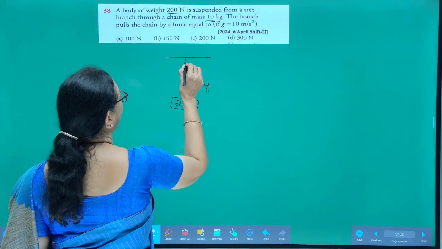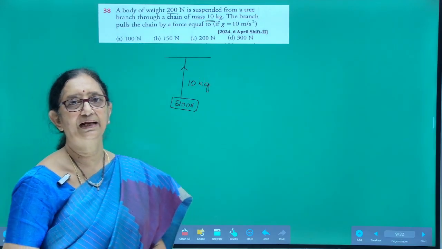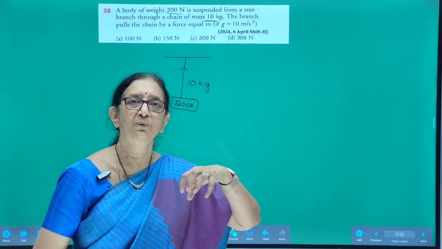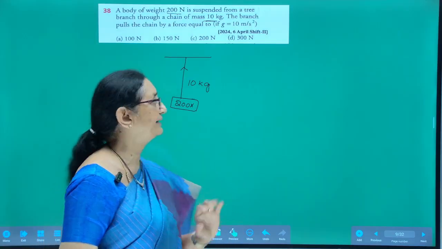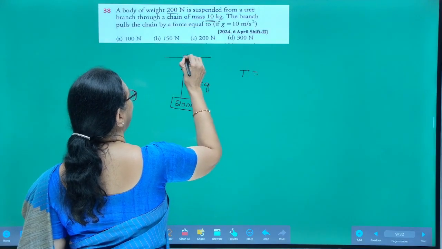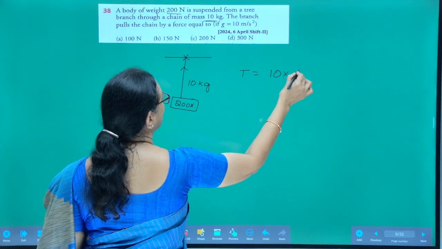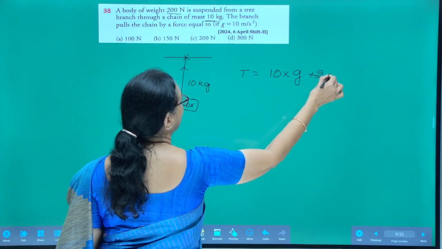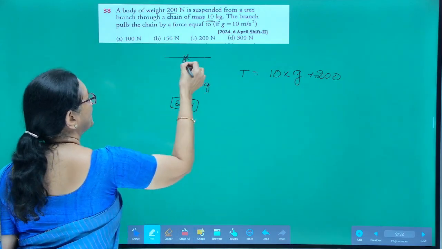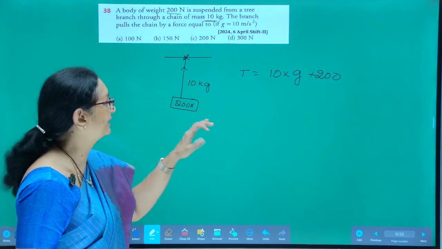So, actually the tension in the rope will be the force with which the branch is pulling the rope. So, here at this point tension will be 10 into g plus 200, because from this point the total weight is action reaction here.